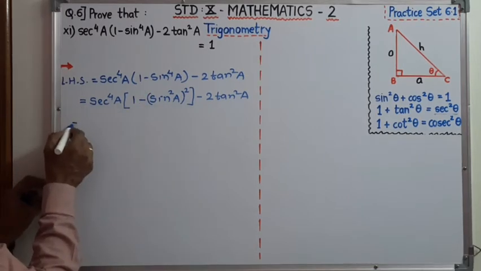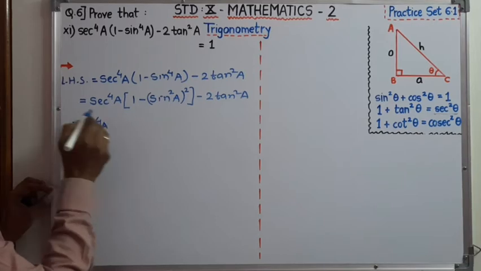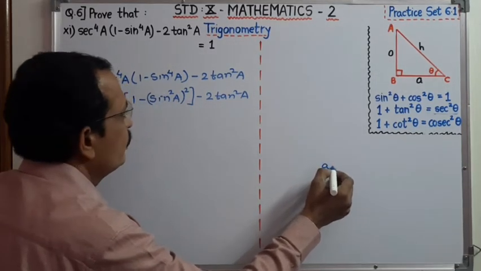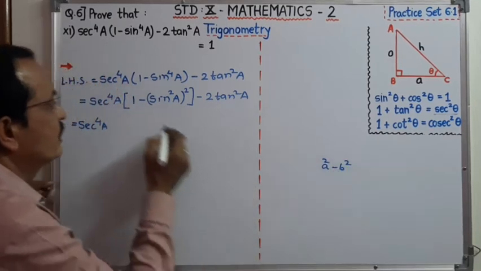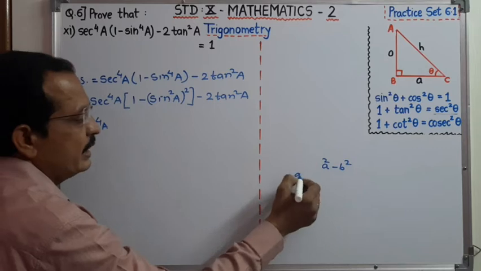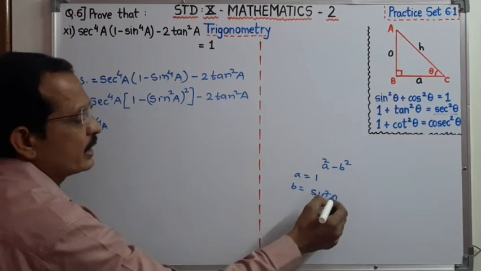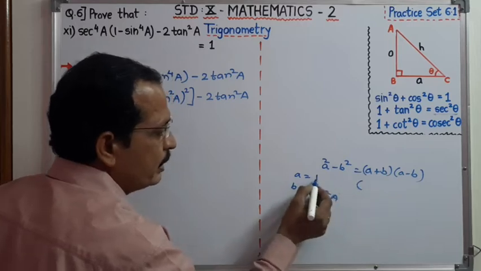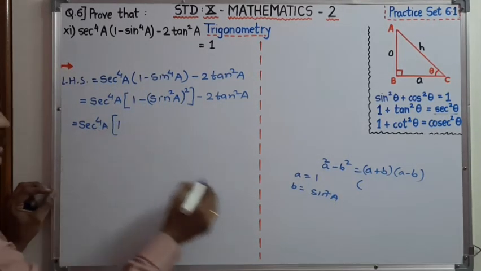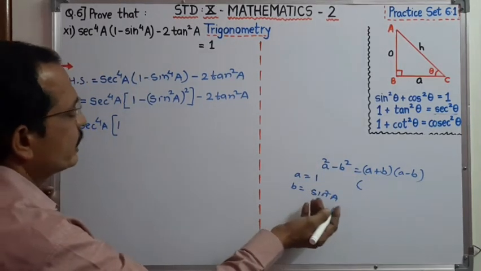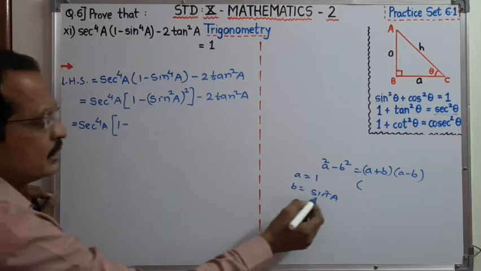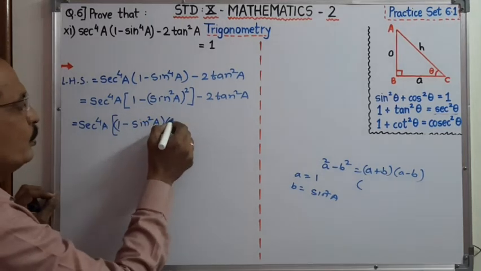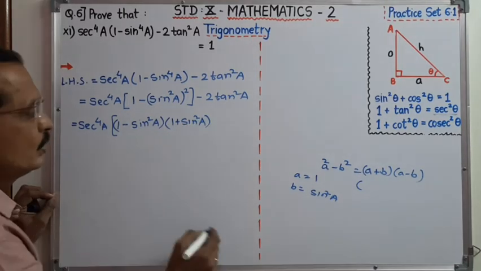Now dear student, next step, we have to write sec^4 A into this 1 minus sin^4 A. That means it is a difference of squares, A^2 − B^2, where A is equal to 1 and B is equal to sin^2 A. Now we have to write A plus B and A minus B. That means A is 1, therefore it is (1 − sin^2 A) into (1 + sin^2 A).